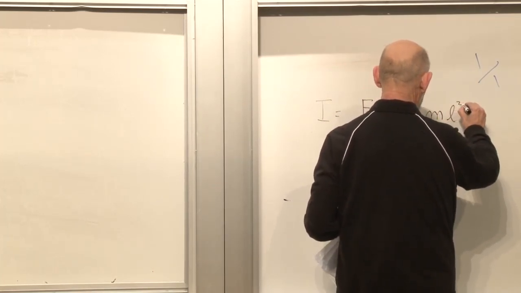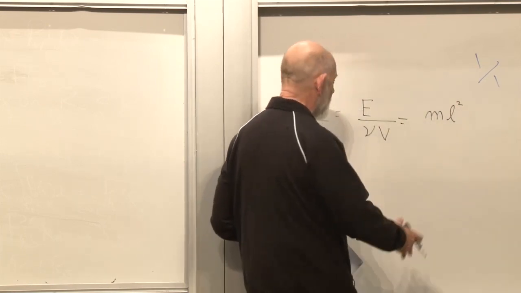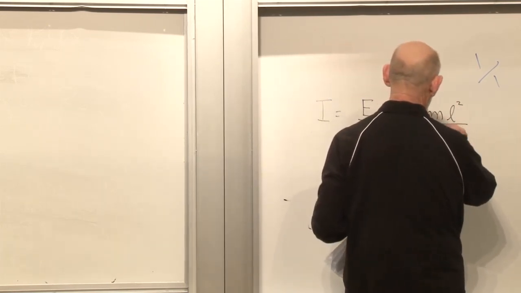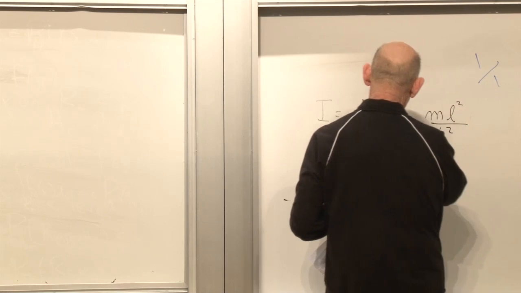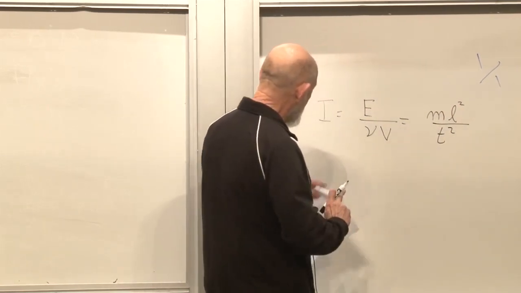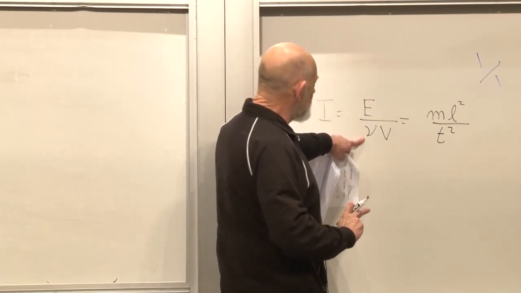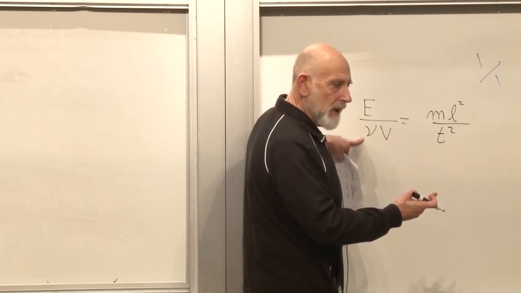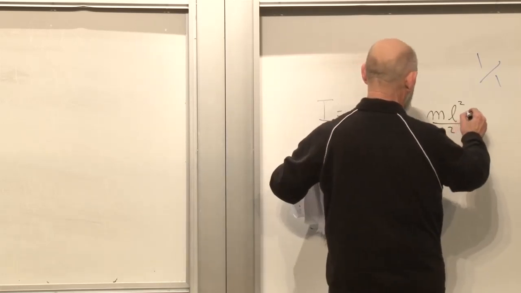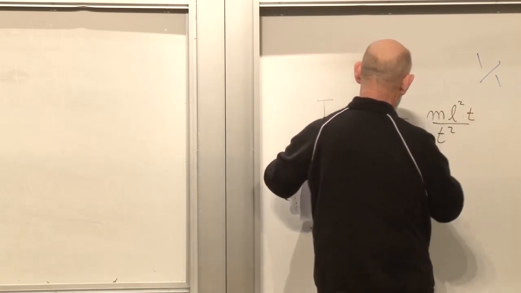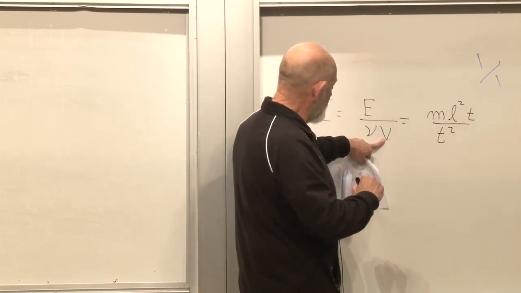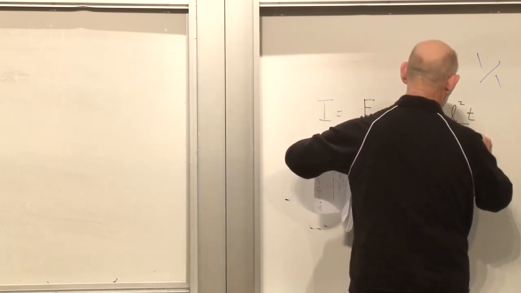Mass times length squared over time squared. That's energy. What about frequency? Frequency is 1 over time, so that would put a time upstairs. And volume downstairs would be length cubed.